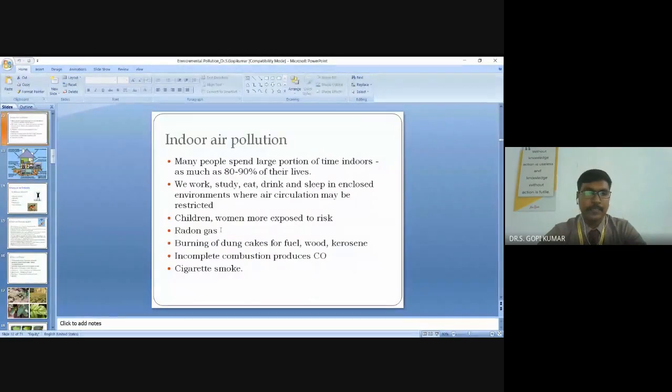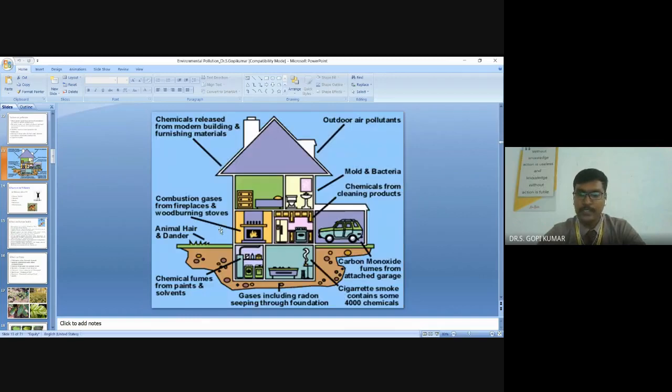Considering air pollution, indoor air pollution is one of the predominant sources, and this image gives an idea of indoor air pollutants: chemicals released from modern buildings, combustion gases, animals and falling hair from animals, chemical fumes from paints and solvents, bacteria in the floor, and carbon monoxide emission from vehicles.